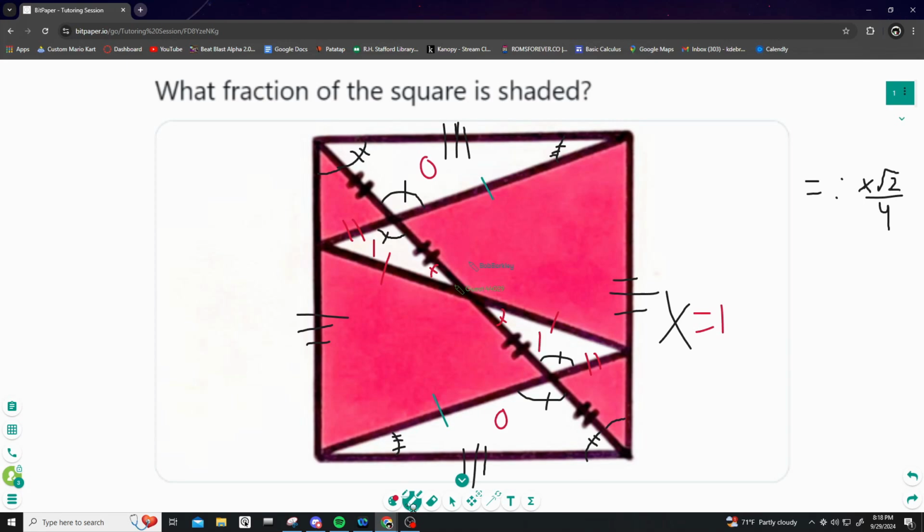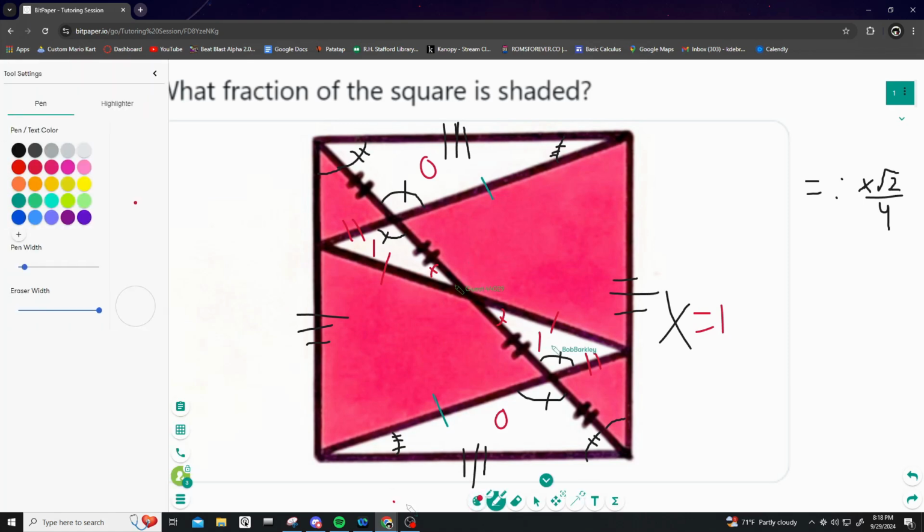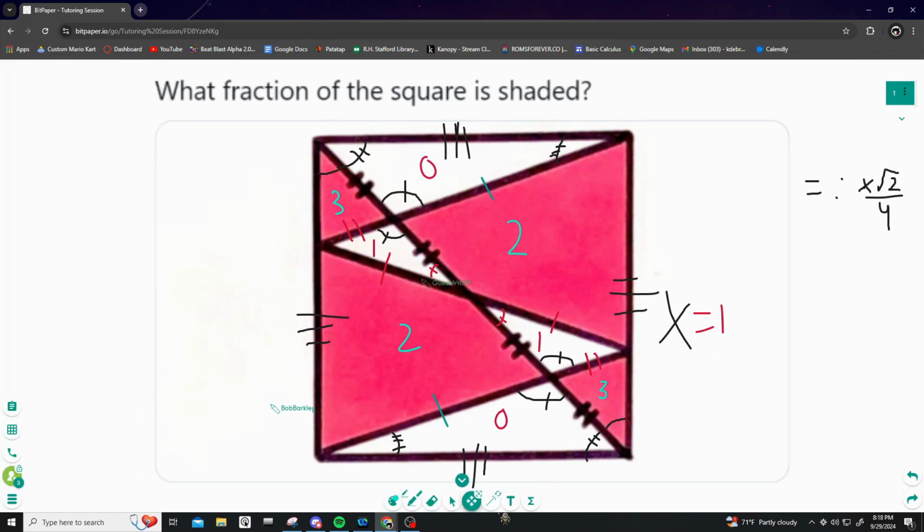We should be able to say with certainty that these are the same, so change the color to something else. This is also a symmetrical shape.